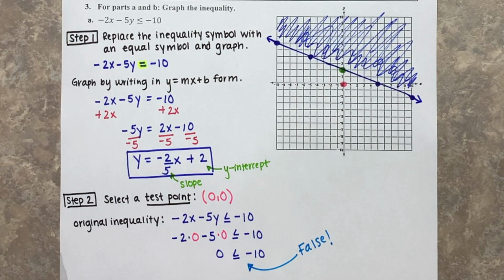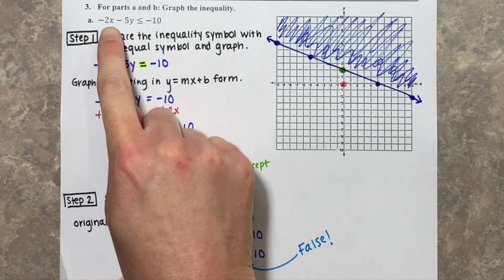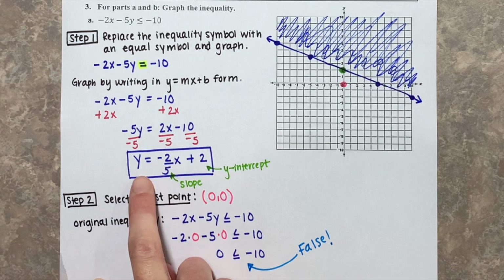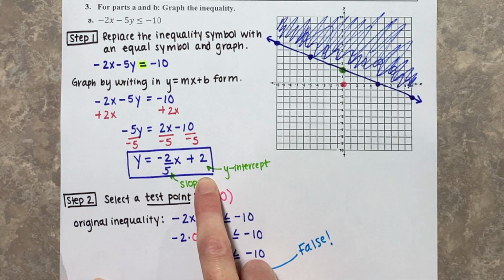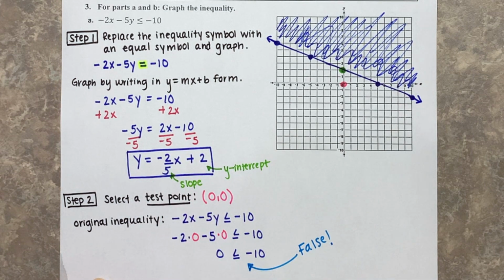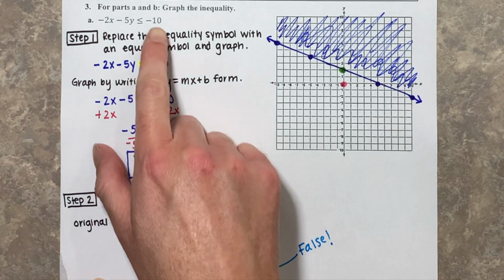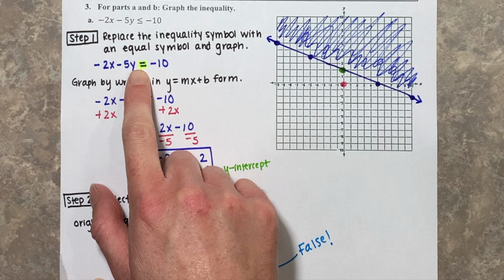One last point of emphasis here, please remember to plug your test point into the original inequality. If you plug it into the y equals mx plus b form, you will often get the incorrect answer. The reason being is, notice we replaced the inequality symbol with an equal sign.